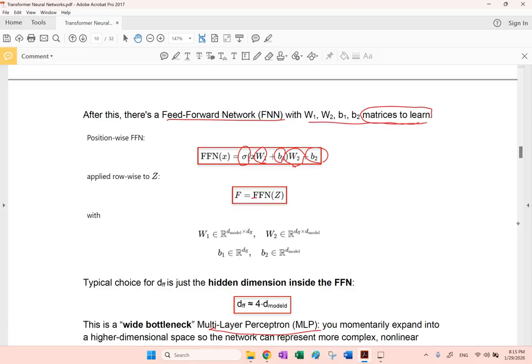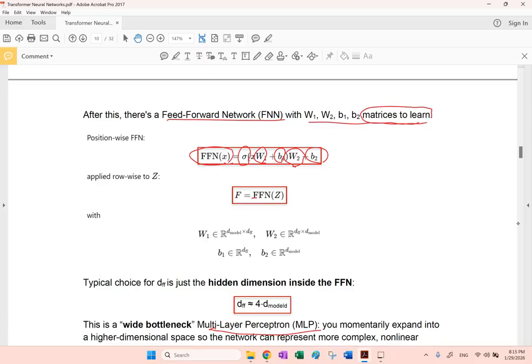So if the output of the first norm layer is X, by passing it through a couple of fully connected layers, with a nonlinear function in the middle, you get your feed-forward network.